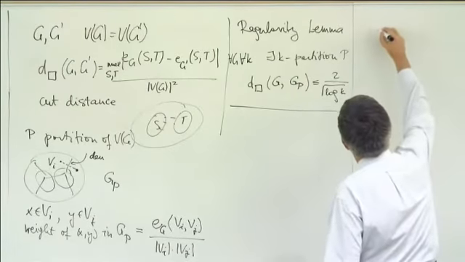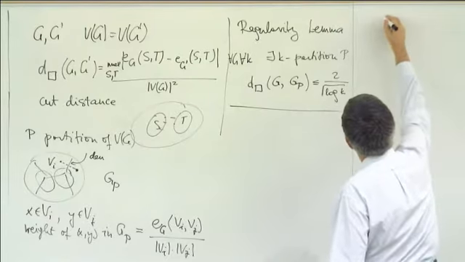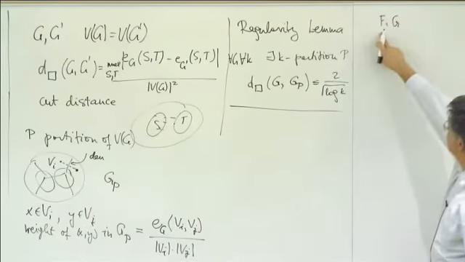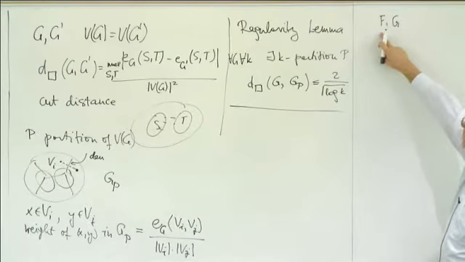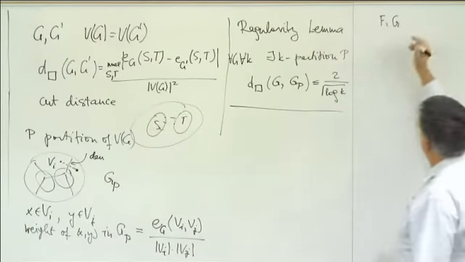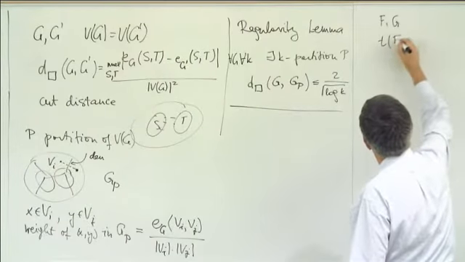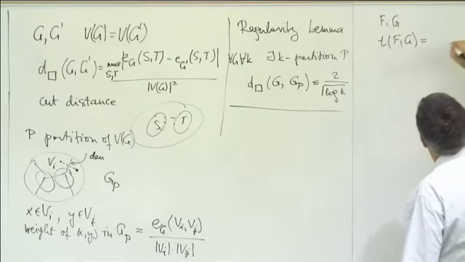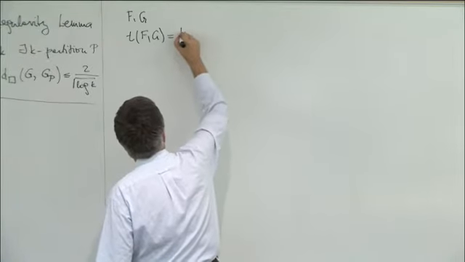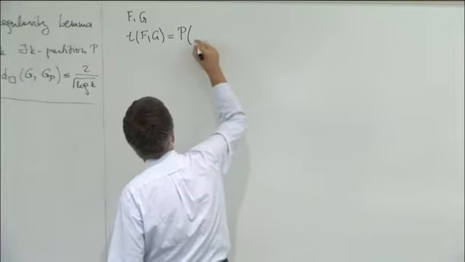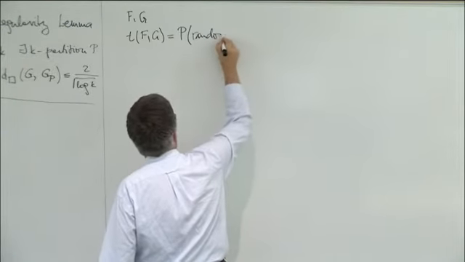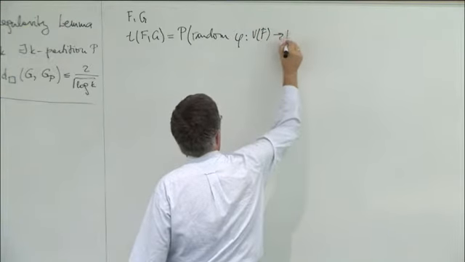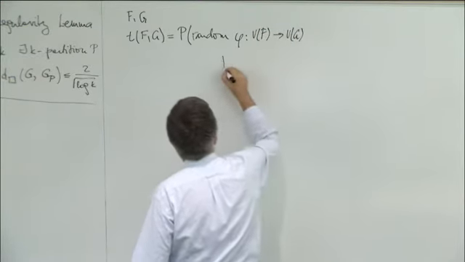notation, and that's the following. So let now F and G be two graphs, and I'll think of F as small, of some fixed size, and G very large. And I denote by t(F,G), one way to define it is the probability that a random map from V(F) to V(G) preserves edges.